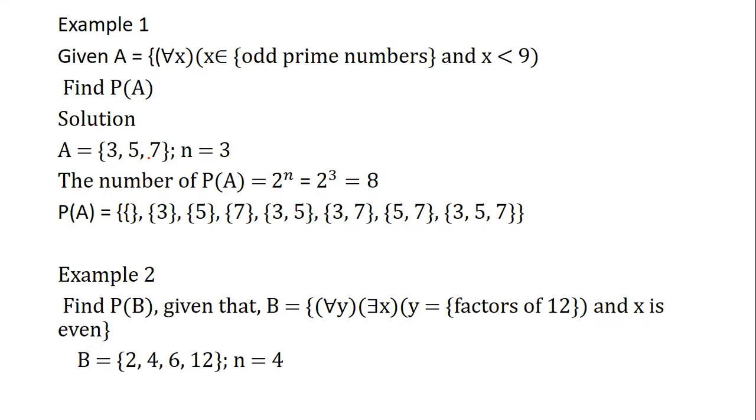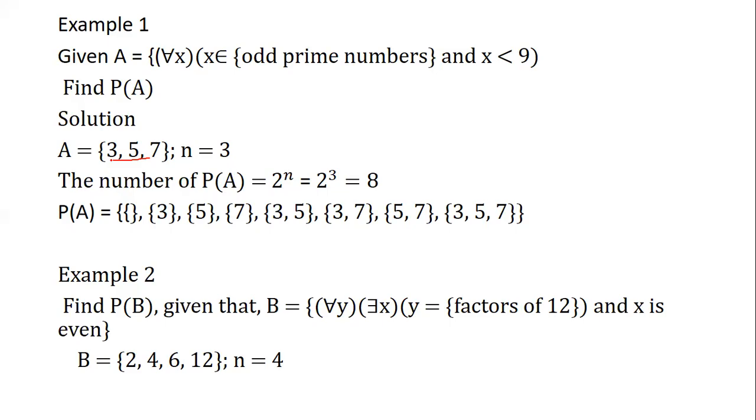Now a caution here. If you are pairing 3 and 5, don't come back and also pair 5 and 3, because we are talking about the members, not their positions or their arrangements. So 3 and 5 is the same as 5 and 3 because they are the same members.